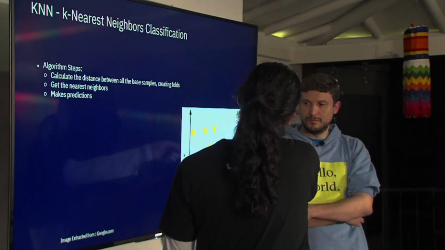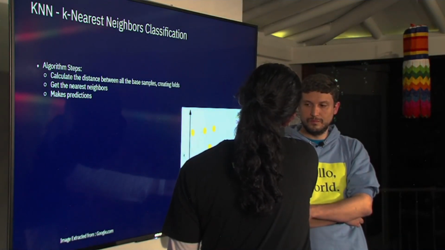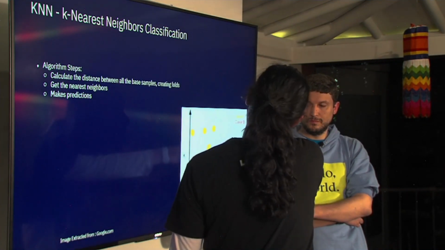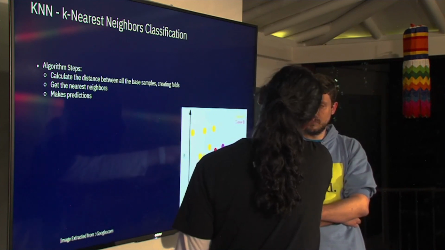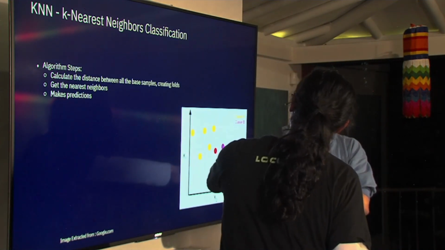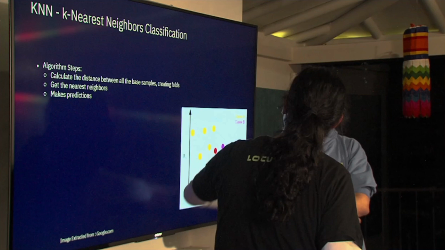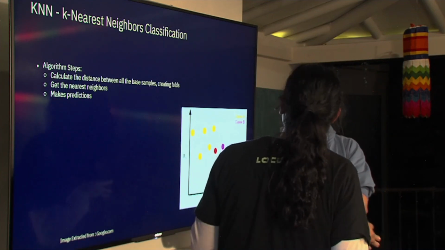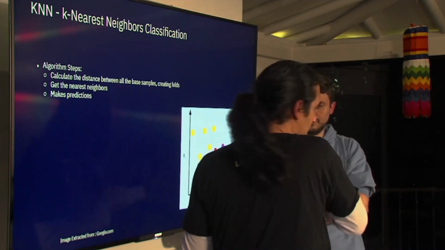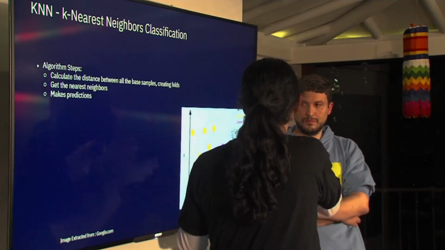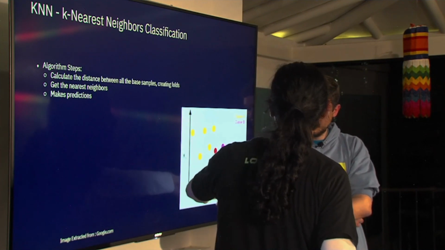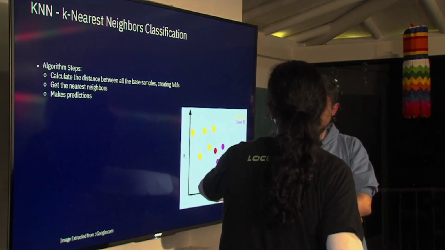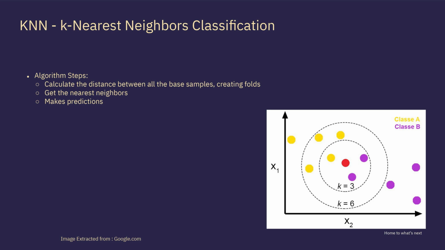Depending on how we configure the technique, it will give different answers. It is closer to the yellow one, so that class will be predicted by the model. But if we configure K as 6 or another value, it will give different results.